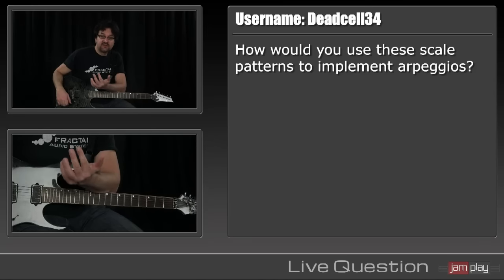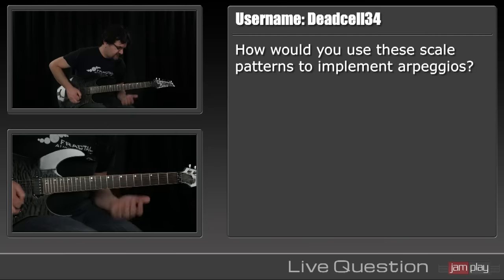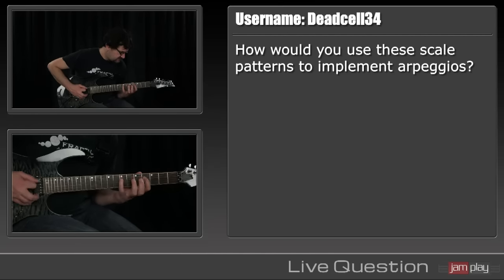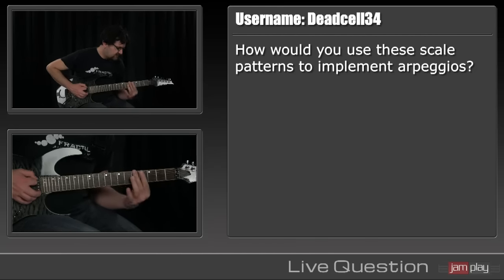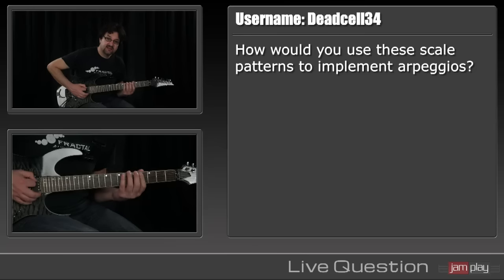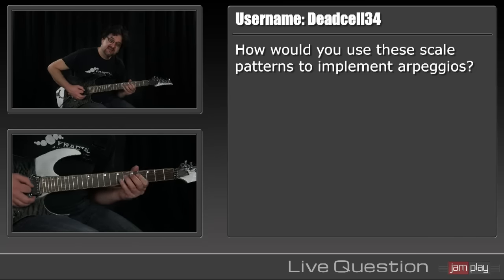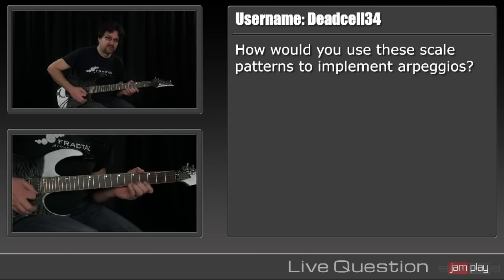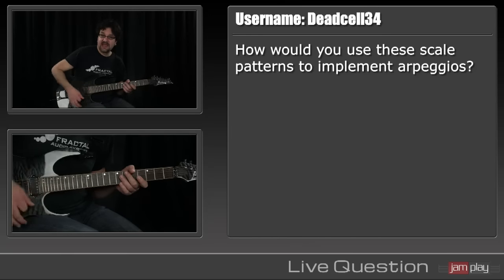In a 7-note scale, it's easy. So if you have a major scale, you play a note, skip the next, skip one, play one, skip one, play, skip, play, skip. And you'll have a very nice arpeggio.